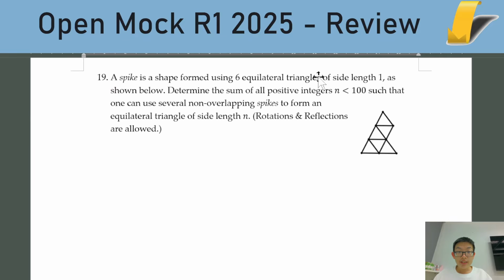Okay, finally, question 19. Now this is yet another example of it would take quite a while to prove, but we can try anyway to get a highly certain answer.